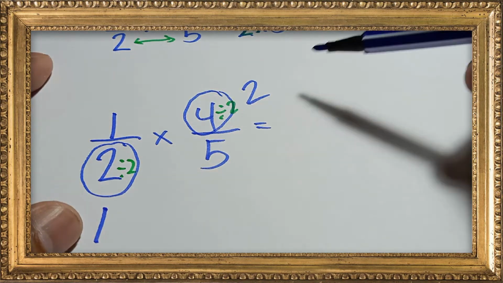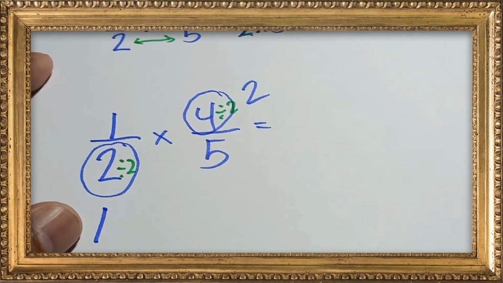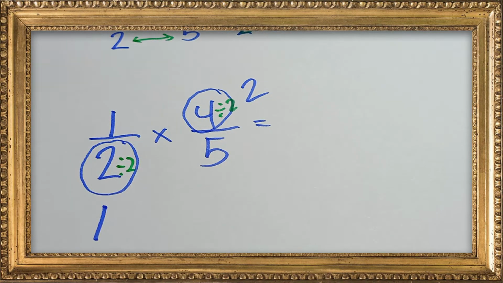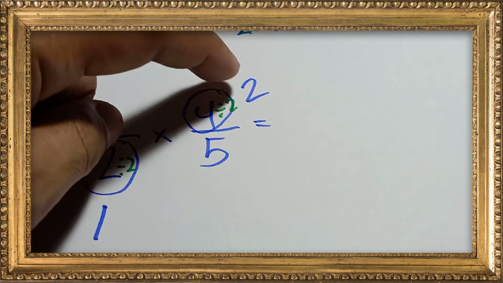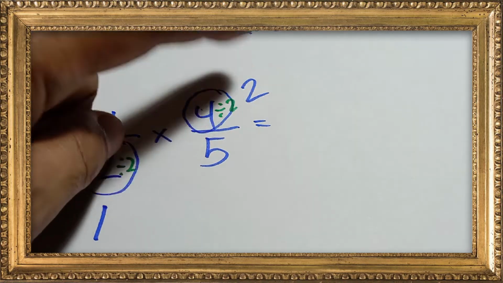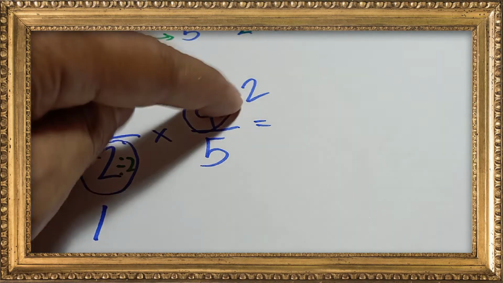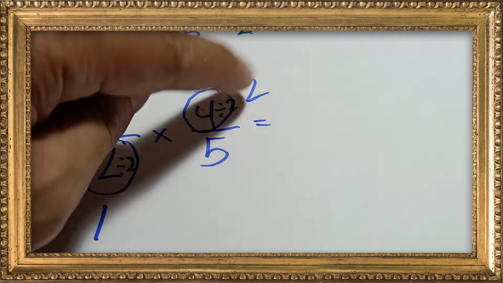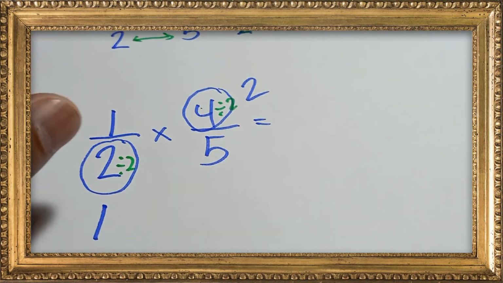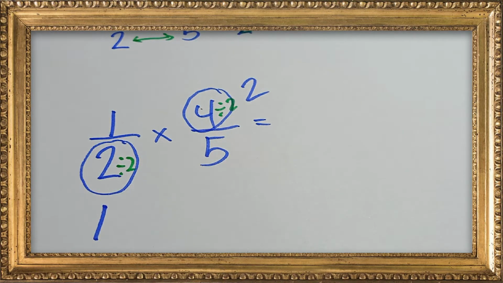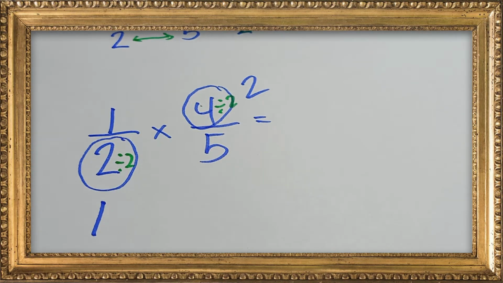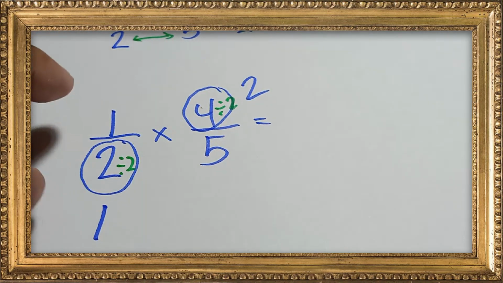We do that to make the numbers smaller. So 4 we will make it 2 by dividing it by 2. In multiplying, small numbers are easier than big numbers, right? You will see the difference later on if we get bigger numbers in terms of fractions.